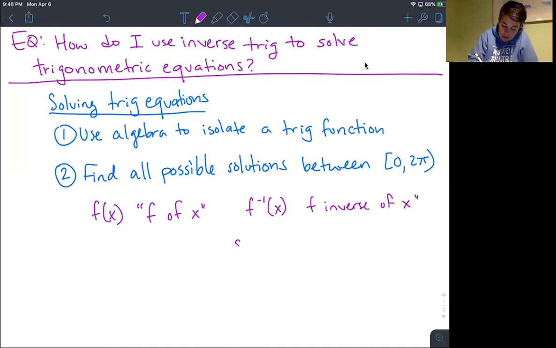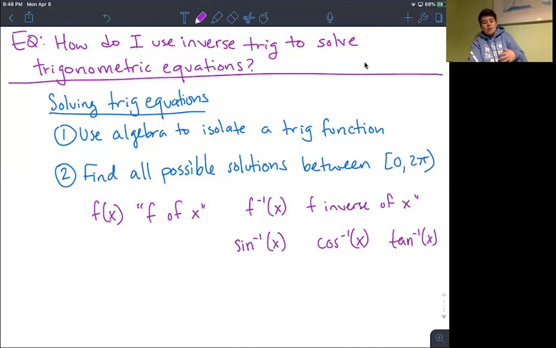And the same goes if we have a trigonometric function like that. That's going to be the inverse sine of x, or the sine inverse of x. You can say it really either way. Here's the inverse cosine of x. Here's the inverse tangent of x. So I just want to make sure that you're saying that right, so when we're talking about stuff in Zoom meetings and such, you know what we're talking about.